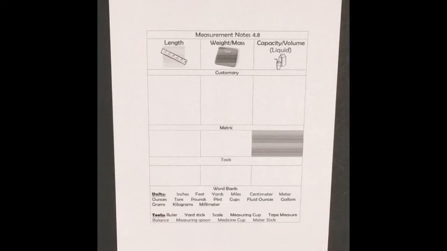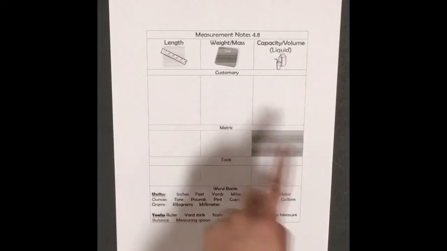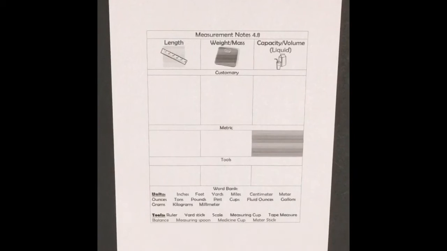So down here at the bottom, you have a word bank. Normally when I'm teaching this in class, where this is a big discussion, we're talking about things that you could be using as far as tools and things like that. I want to say that there are lots more words that can be used in these blanks than what's in your word bank down below. And again, that's another discussion we have.